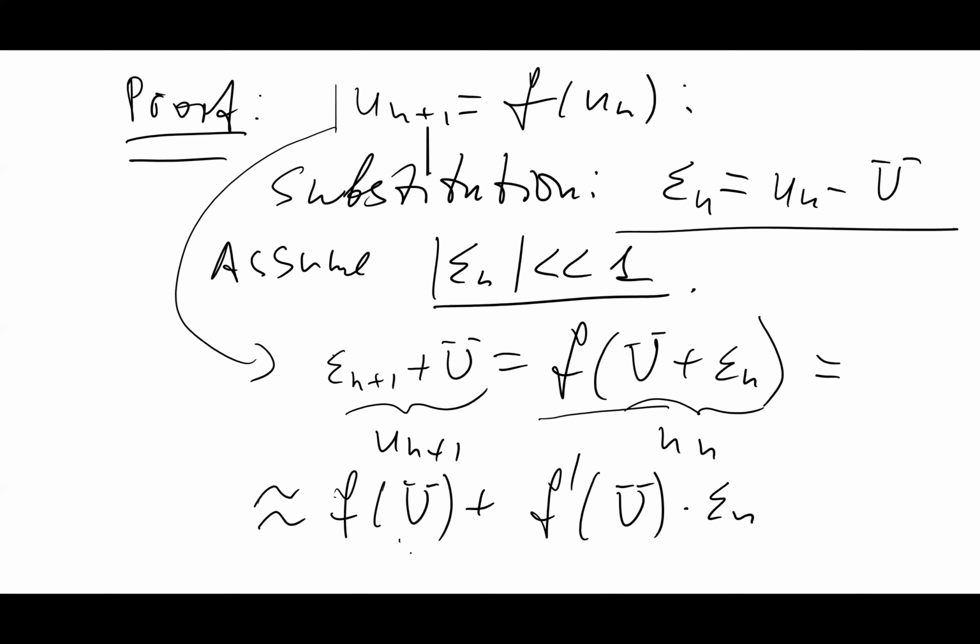And what we know is that f of U capital equals U capital. Therefore, this cancels this. And we got a difference equation for epsilon_{n+1} equals the derivative times epsilon_n.